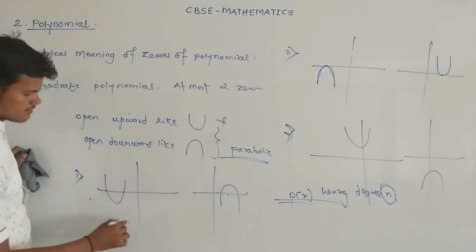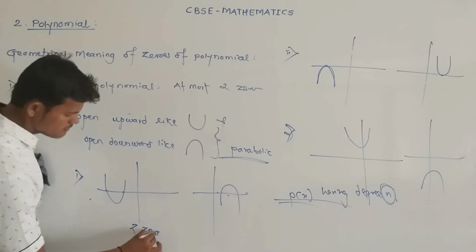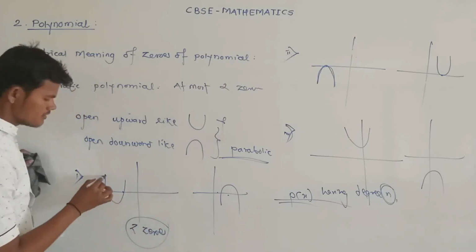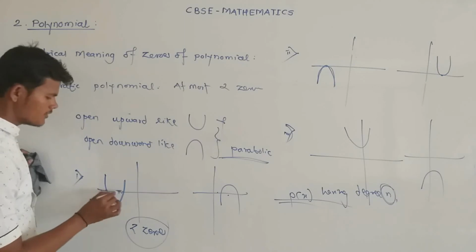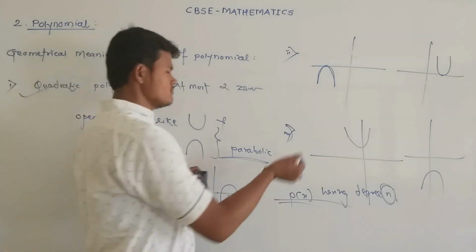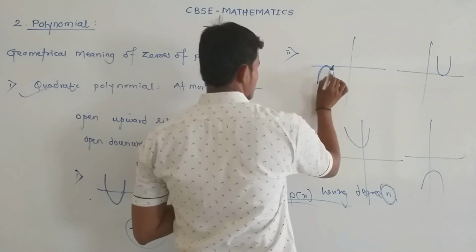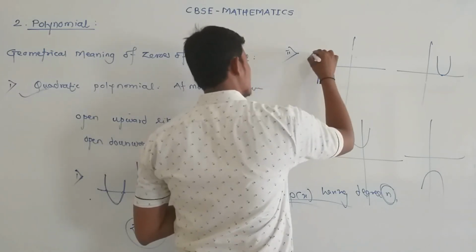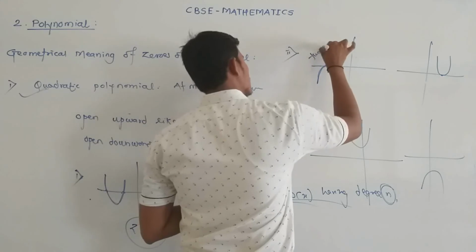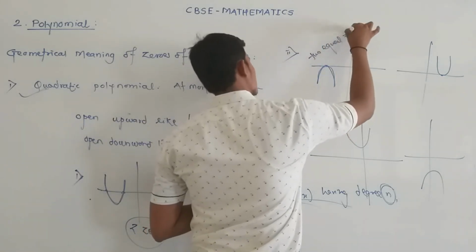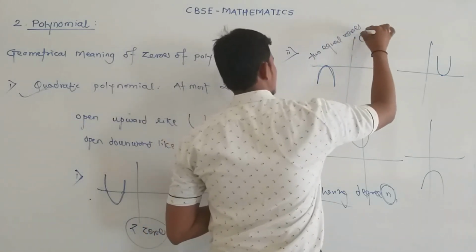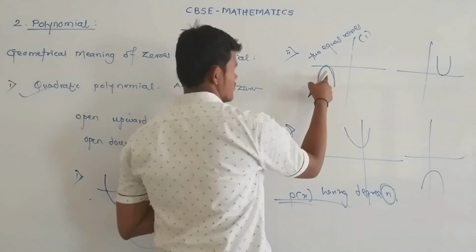In this case two zeros are there. Why? Because this parabolic shape intersects the x-axis at two points, so two zeros are there. In the second case, this parabolic shape intersects the x-axis at only one point, that is two equal zeros are there. Two equal zeros are considered as only one, so one zero is there.